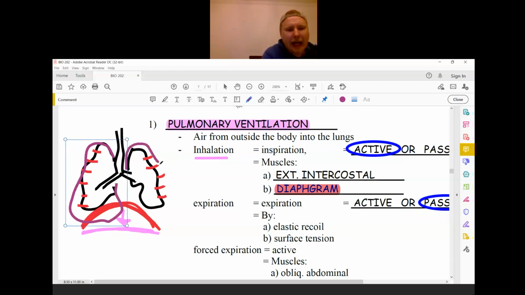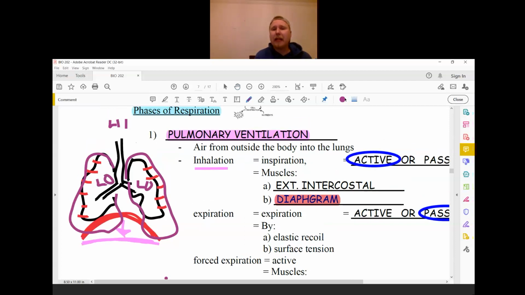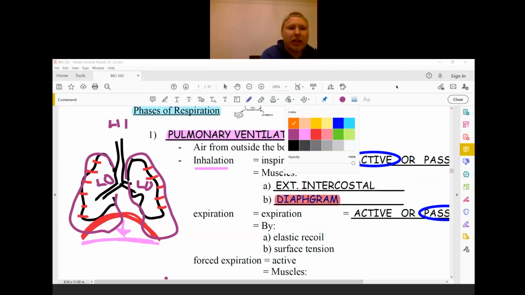And as that happens, we end up generating a low pressure inside the lungs, whereas outside the lungs we've got a high pressure. We remember the movement of the air is going to be dependent on the pressure difference.